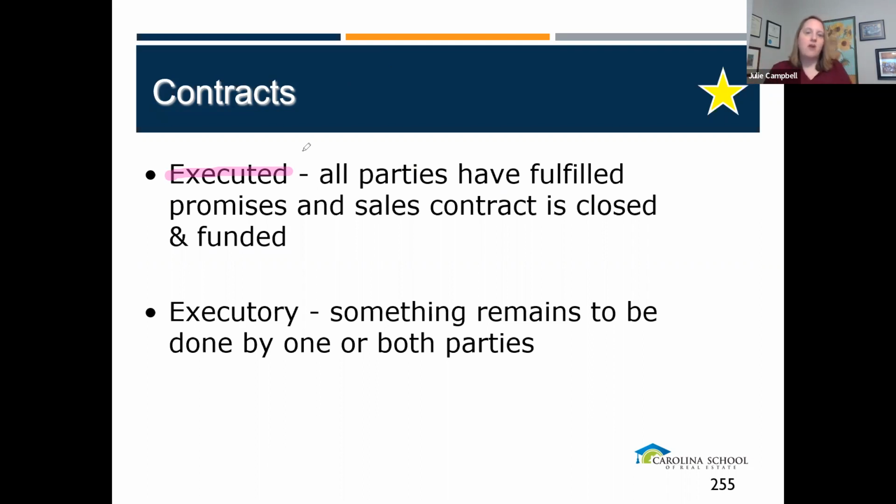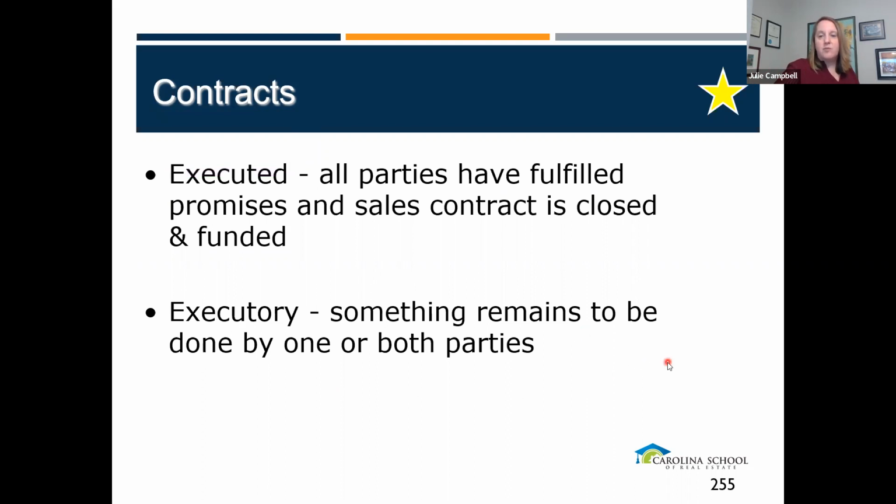So an executed contract, two meanings, either it's been fulfilled or it's been signed. We use our context clues. Once the offer has been accepted by both parties and it's signed, it's been executed. We're in the executory process, contract to close. Once that deed is recorded, it's executed and the promises have been fulfilled.